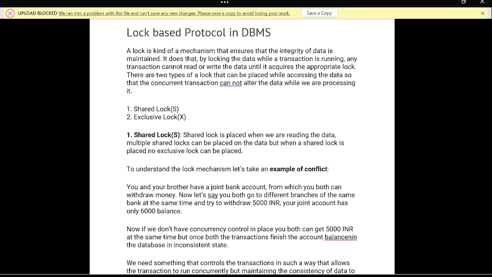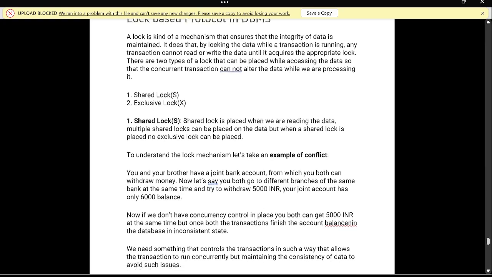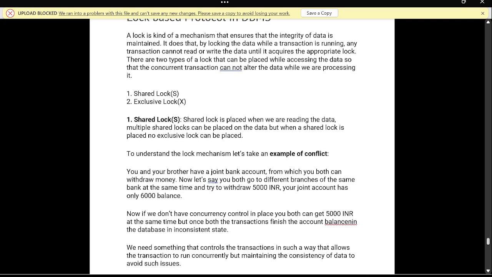If your bank has a shared lock, anyone can read the data without any authorization rules. Exclusive lock is nothing but, here you can read as well as write the data. You have the capability to read and also to write the data.